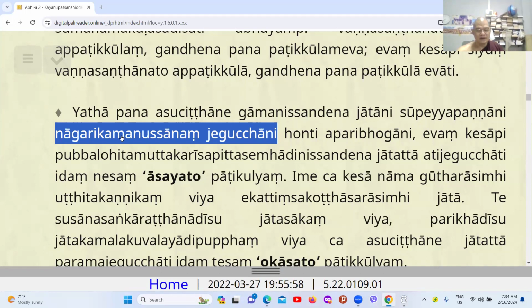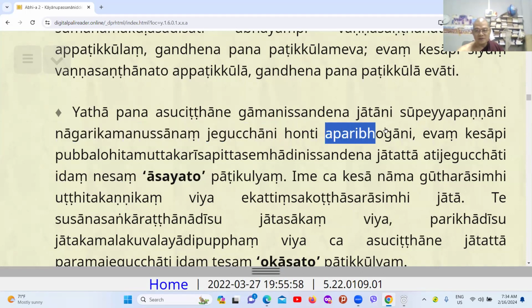But here, Nagarika Manusana Jagujani Hundi, the city people are disgusted by such leaves. They do not eat them.